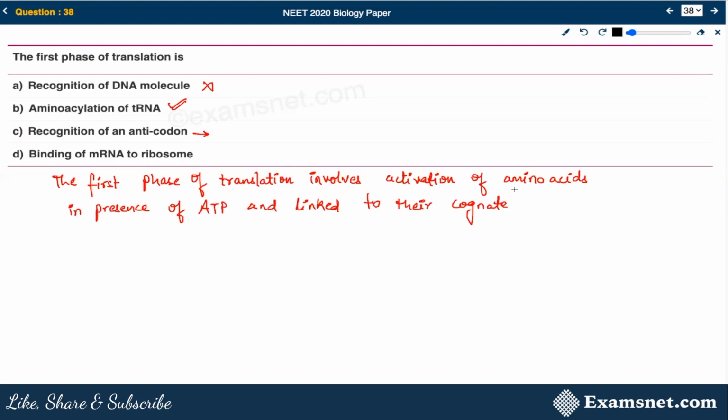All right. So this entire process of activating the amino acid is actually called charging of tRNA, or the amino acylation of tRNA.